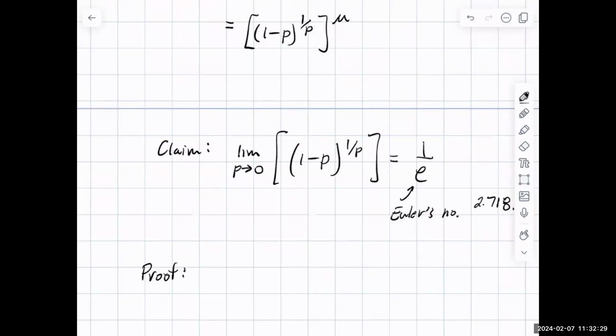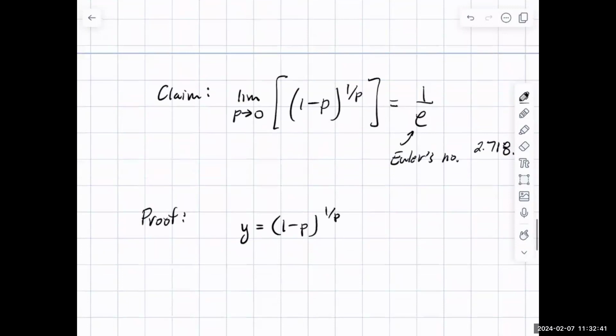So let's see if we can do the proof. We're going to start with, let's say, y equal to 1 minus p to the 1 over p power. If that's true, then the ln of y is equal to the ln of all of this, but I could write that as 1 over p times ln of 1 minus p.